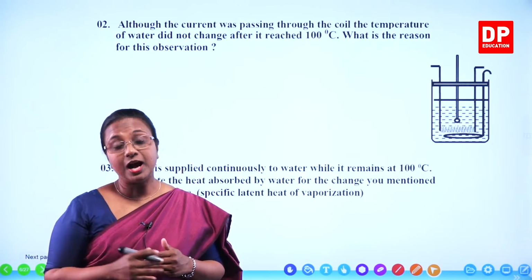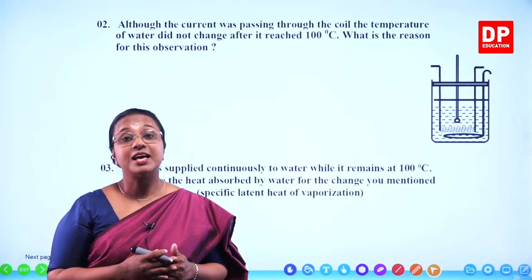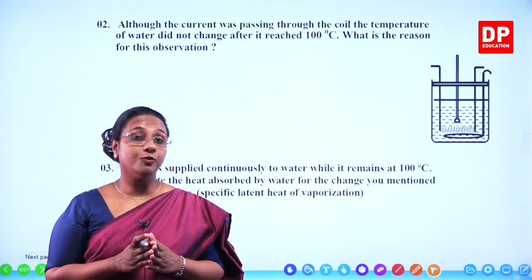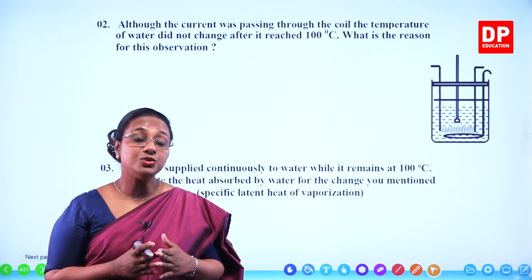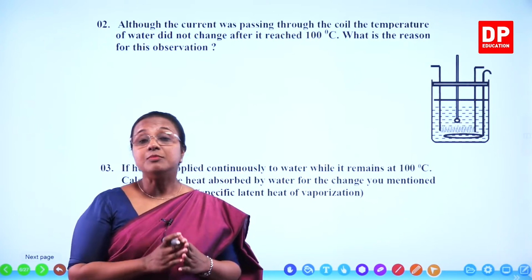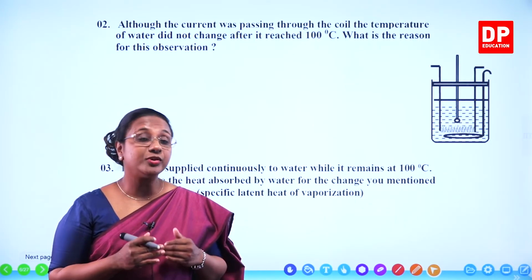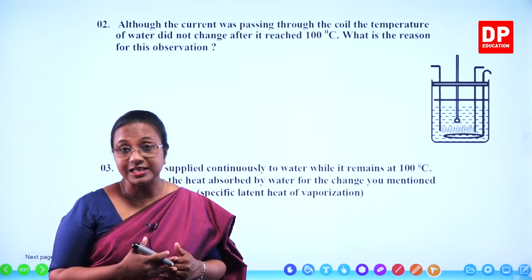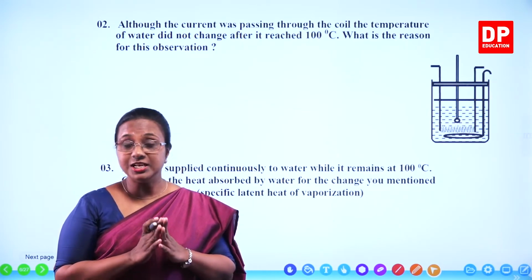Water becomes water vapor, that is from the liquid state, it's converted to its gaseous state. So where does that heat go, or for what is the heat used? The heat is used to break the intermolecular bonds present between water molecules in order to convert it to water vapor, that is water molecules in the gaseous state. So therefore, there will be no change in temperature.